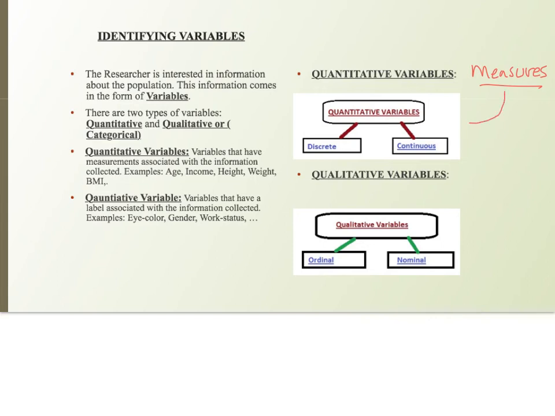and there are two types of quantitative variables that we're interested in. One is called discrete. Discrete cases are integers. Integers typically are like for age.